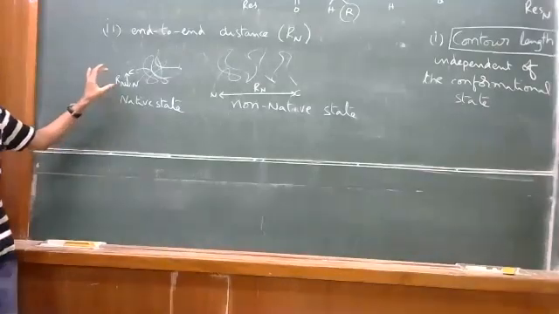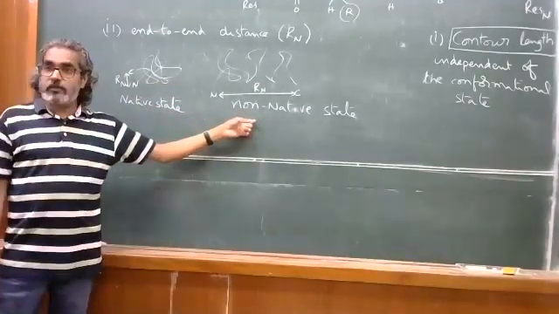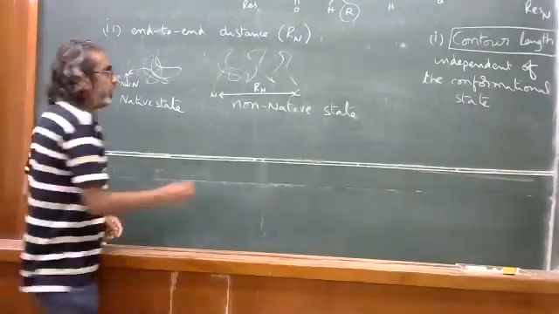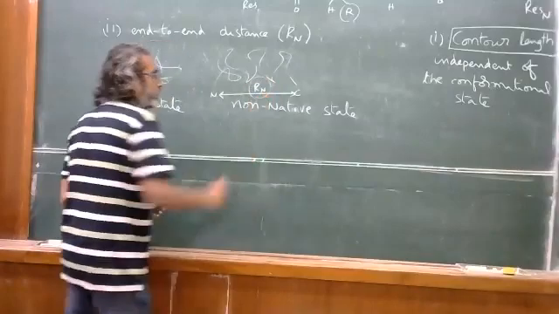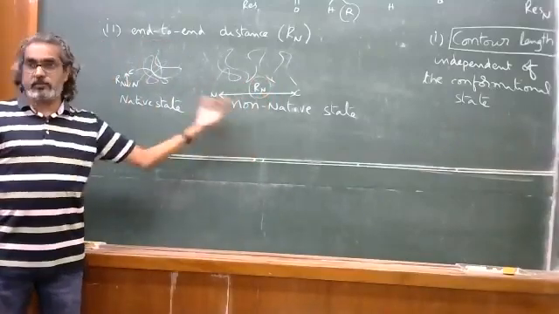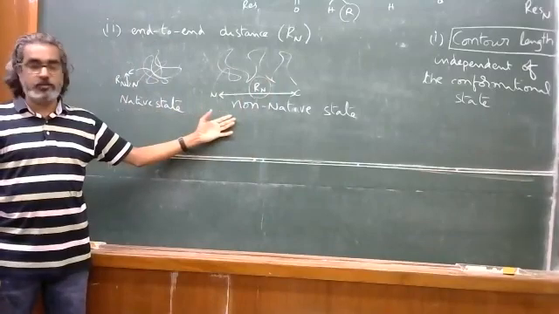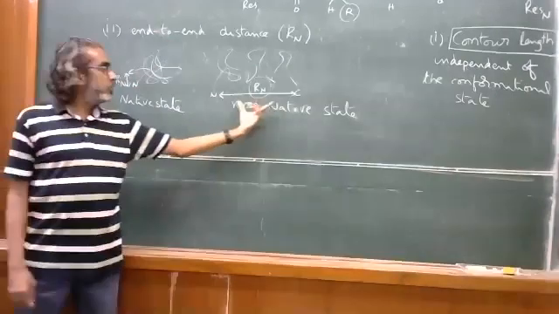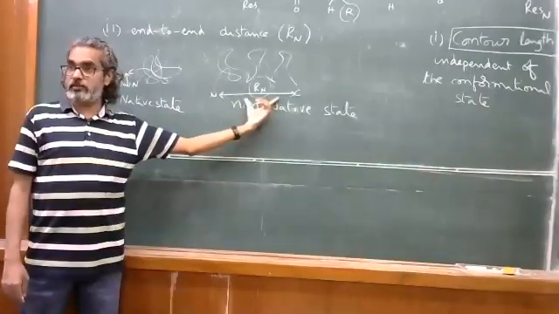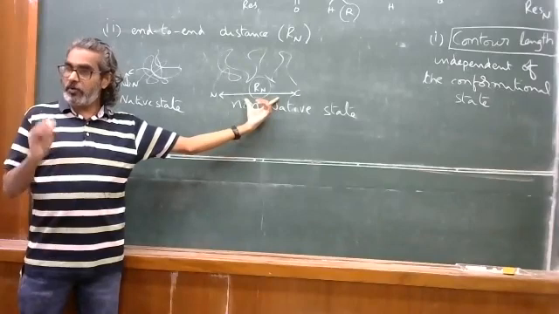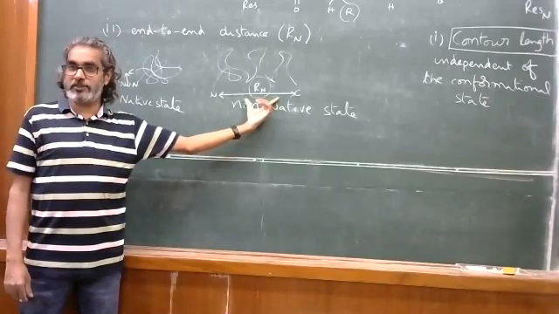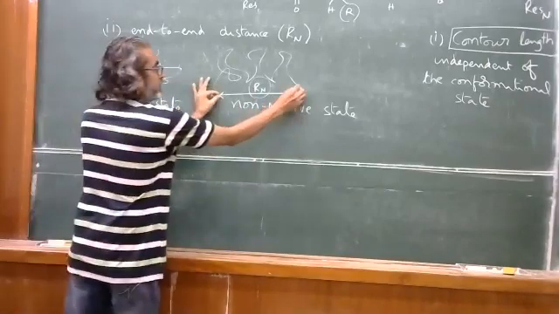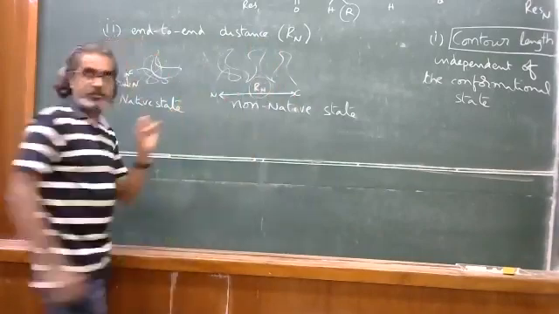And then how do we get non-native state distances? This is not a unique value, because the non-native state is not unique. Any deviation from the native state changes your whole structure, and your R_n also changes. But mind you, for a small set of conformations, the R_n might be very similar to the native one, meaning the distance between these two ends would be the same, but the rest of the structure is different.